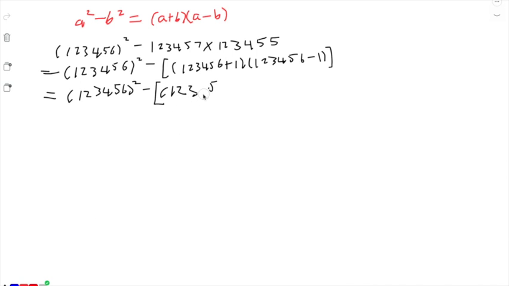Now we multiply the second terms, which is 123,456 times minus 1, which is minus 123,456, and the opposite with the positive 1, 123,456, then the positive 1 times negative 1, which is negative 1.